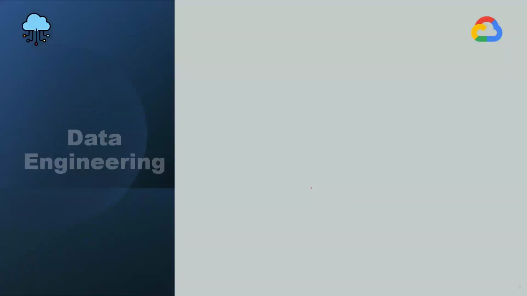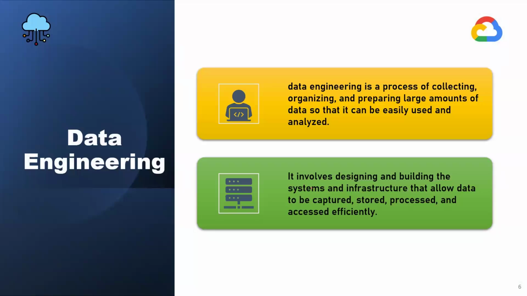And one more time, from the definition point of view, data engineering is the process of collecting the data, organizing the data, and preparing large amounts of data so that it can be easily used and analyzed.